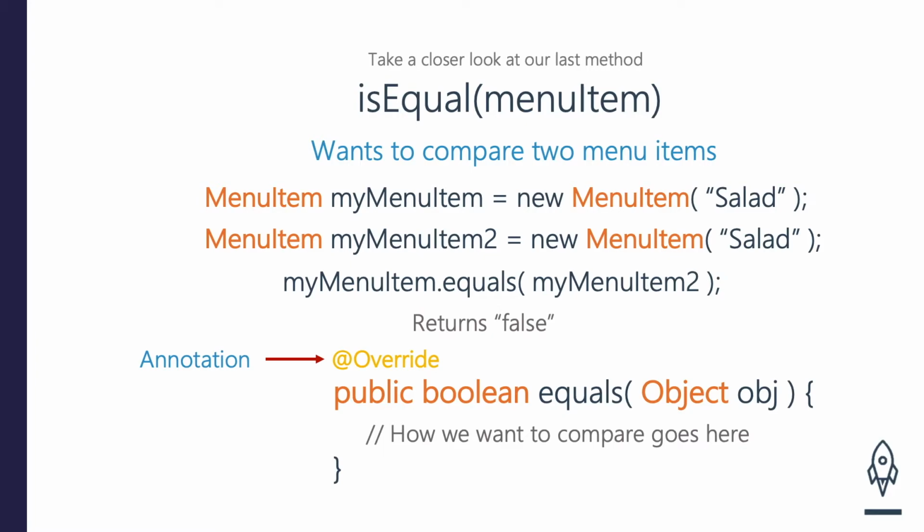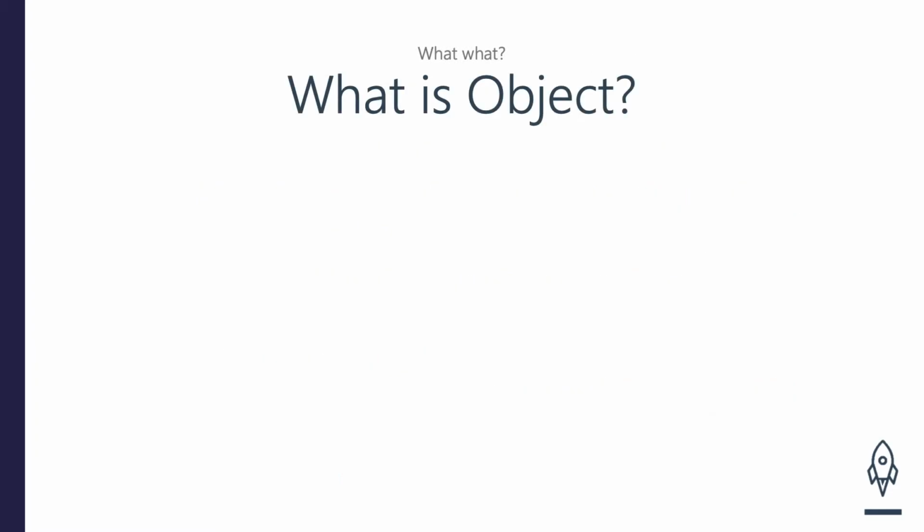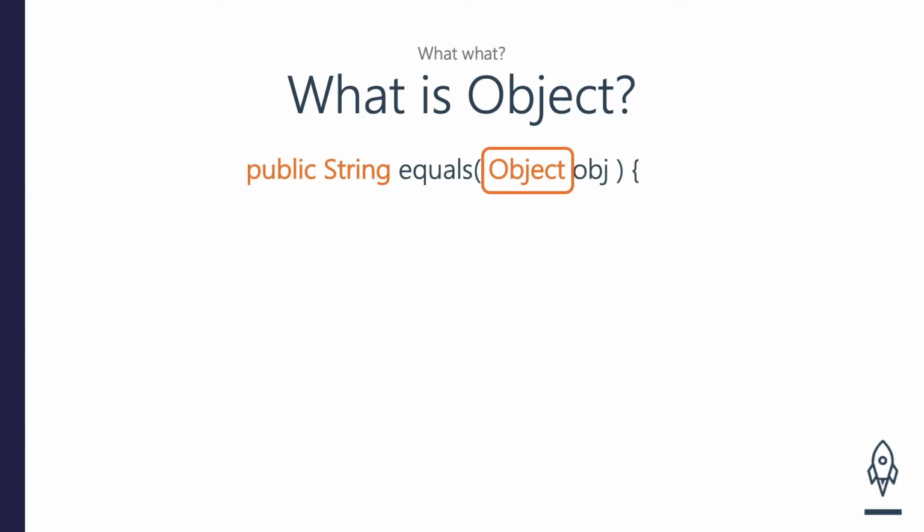Now I just said something really weird there, how we want to compare the objects. If we look into the parameters of the equals method, we see that we have to take in an Object. But you might be asking yourself at this point, what exactly is an Object? And the answer is, it is one of the most generic or general data types that we can have in Java.